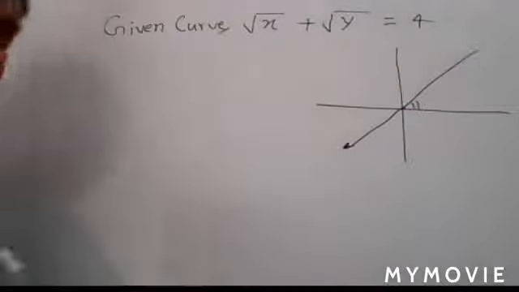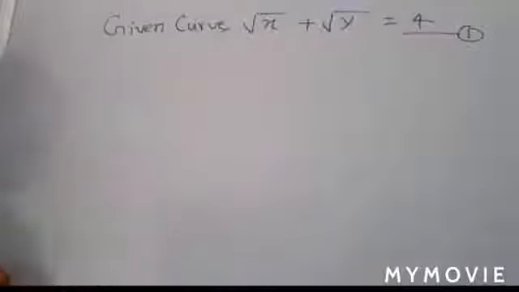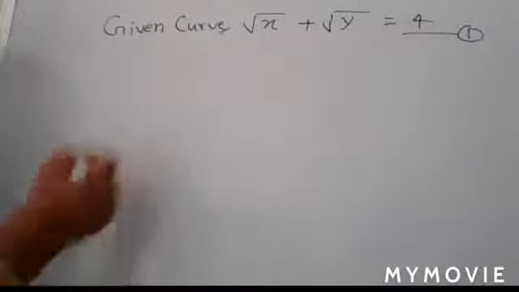Okay, beta? Here you see that it is given that the tangent line makes equal angle with the coordinate axes, so its slope is plus minus 1. And suppose that is your given curve, and here you suppose a point (x1, y1) on the curve.